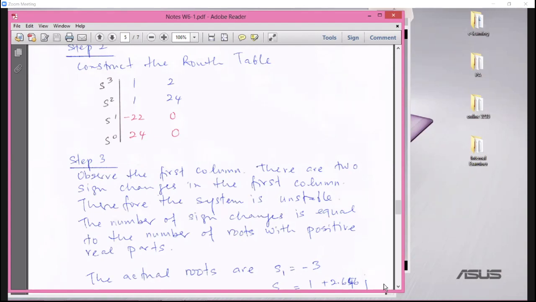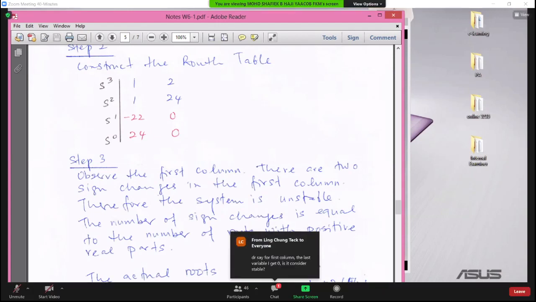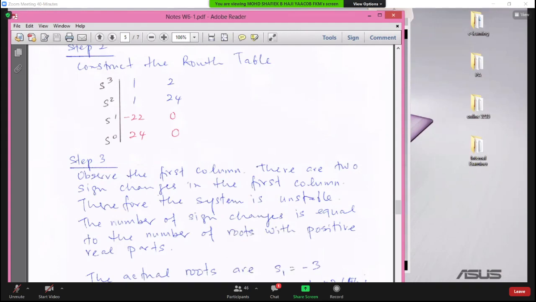Some of you possess a calculator that can compute the roots, so you don't want to learn how to construct the Routh table. I understand that, but sometimes the question will specify for you to construct the Routh table.